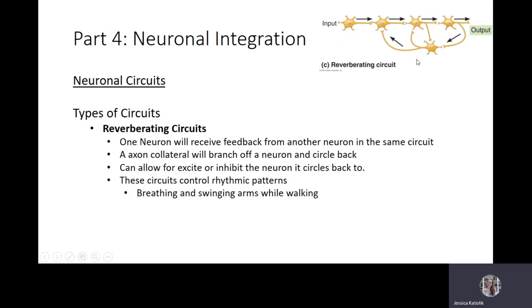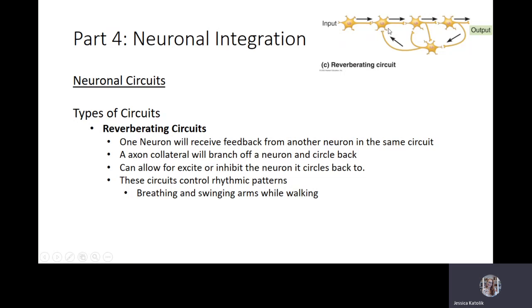Here in the nervous system, we can have reverberating fibers as well. What can happen is there could be a group of neurons that are connected together in a single file line. And then one of those neurons will have a collateral that can come back and stimulate another nerve that will stimulate the neurons upstream to that signal.